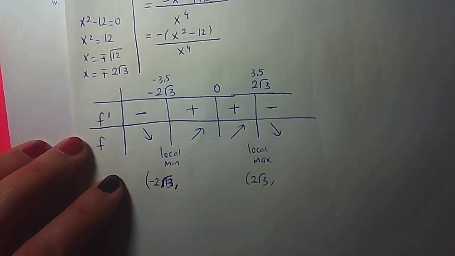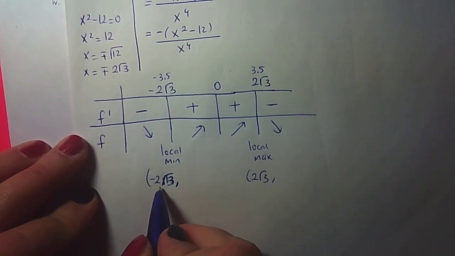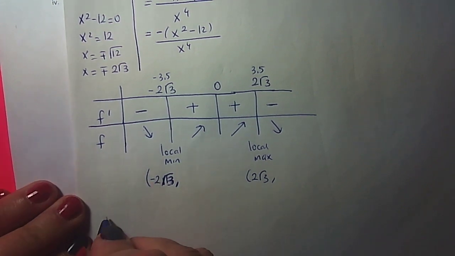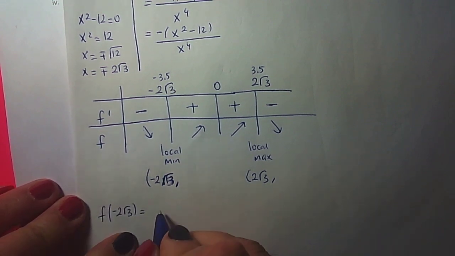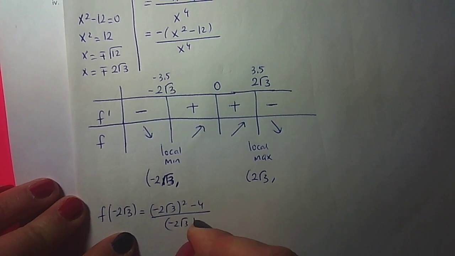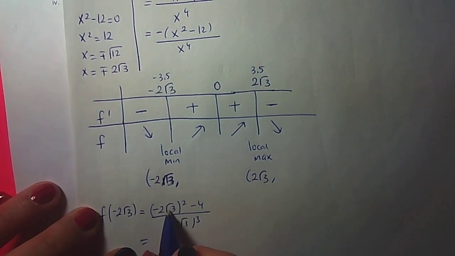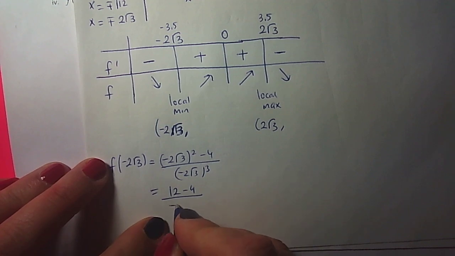Now we need to calculate the y coordinates of those points. So I'm going to take negative 2 root 3 and substitute in the original function. Okay, so we get ((negative 2 root 3) squared minus 4) over (negative 2 root 3) cubed. So this gives you 4 times 3, 12, minus 4 over negative 2 cubed is negative 8, root 3 cubed is 3 root 3.